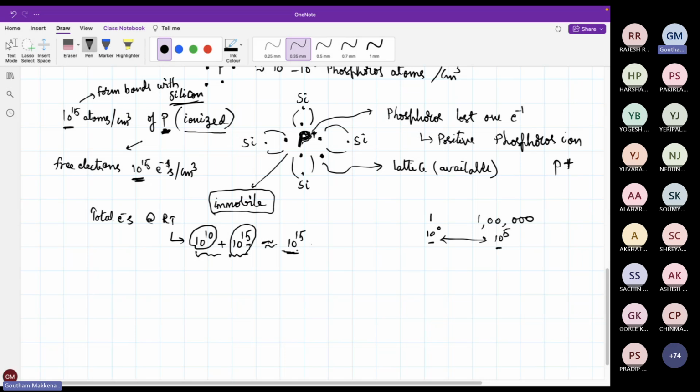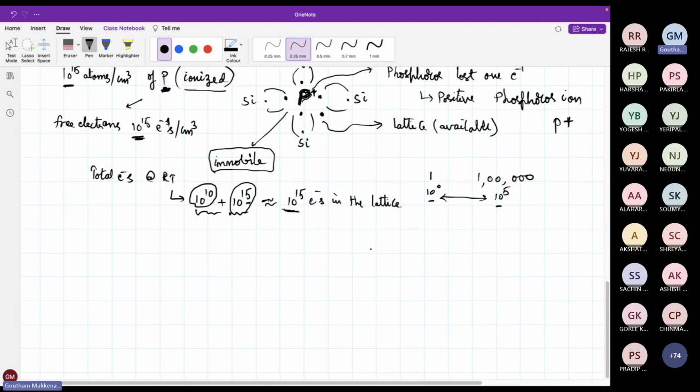That is why we typically say I have 10 power 15 electrons in the lattice available for conduction. This is a good number of charge carriers that result in a current flow. Anyways, I will stop my physics class here.